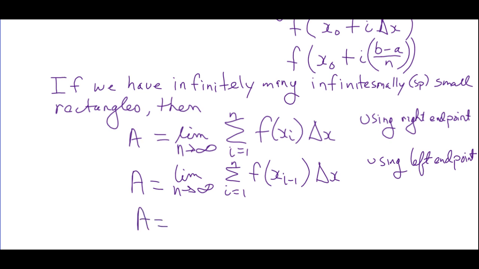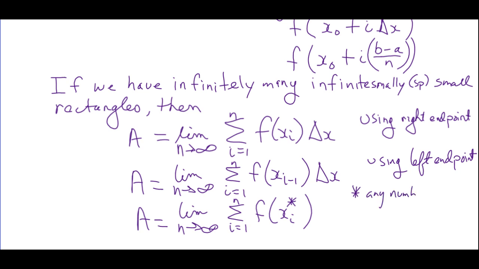But why stop there? The little asterisk is just to say it can be any number in the ith interval.